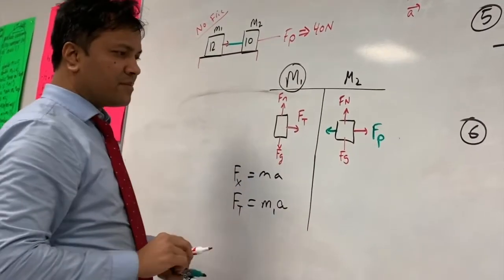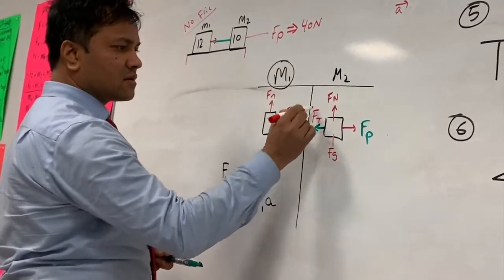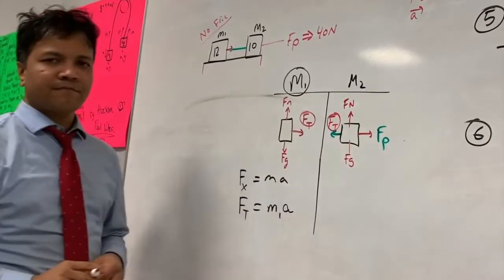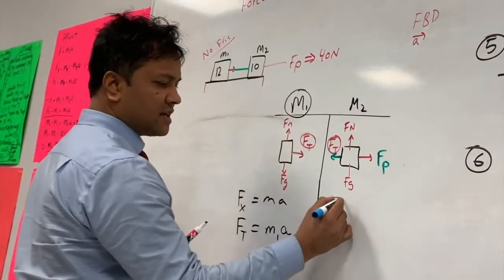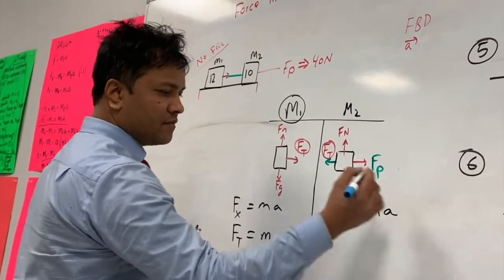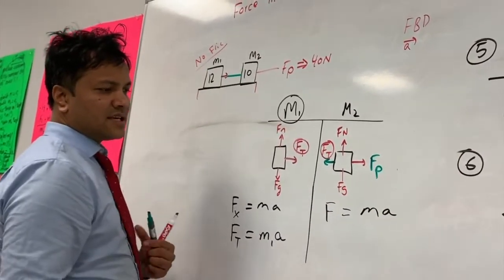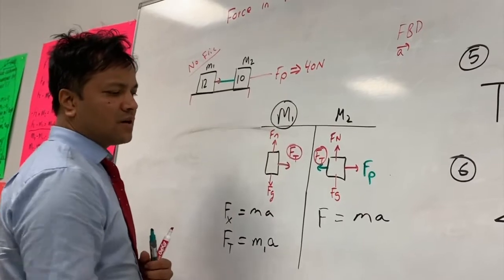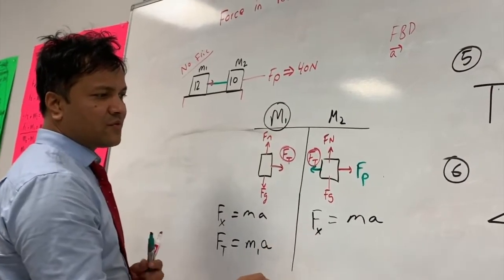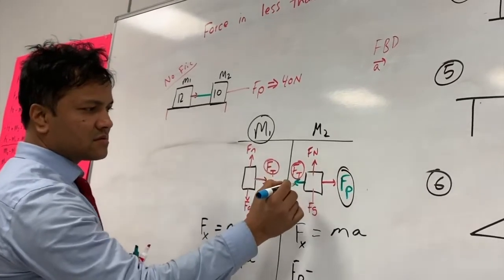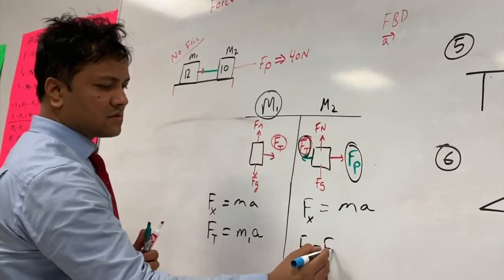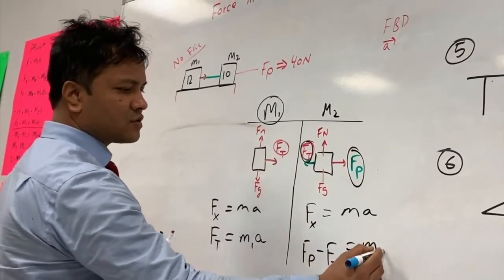I'm going to write it in red because this Ft and this Ft are the same. So I'm going to write Newton's second law in the x direction, F equal to ma. How many forces are acting in the x direction? 2. Fp minus Ft is equal to m2a.